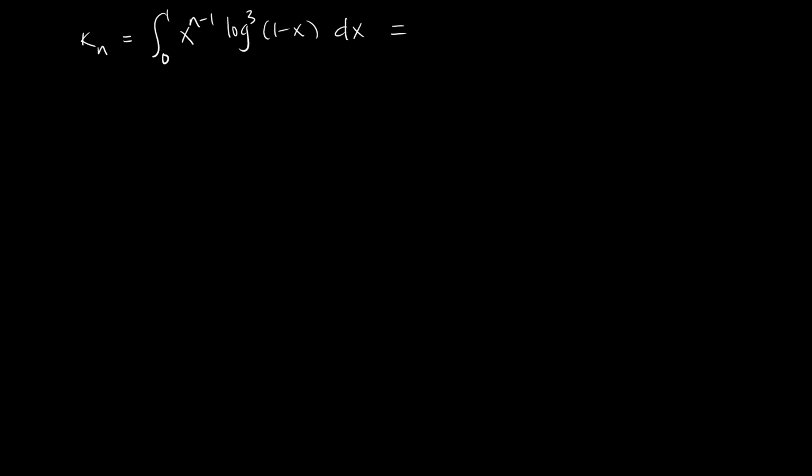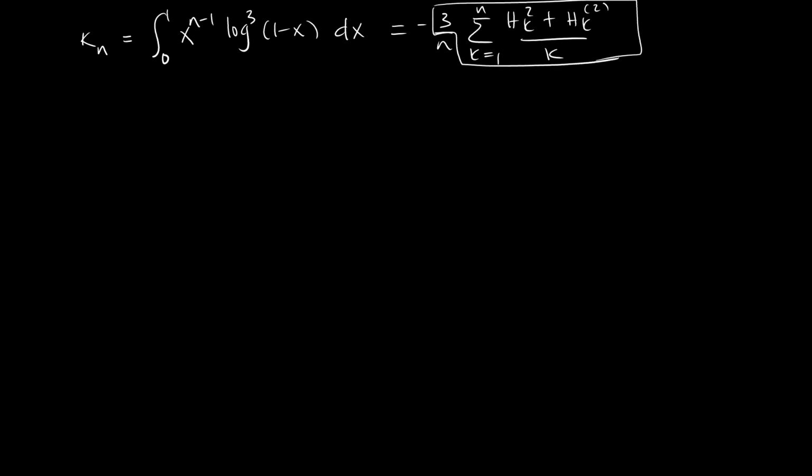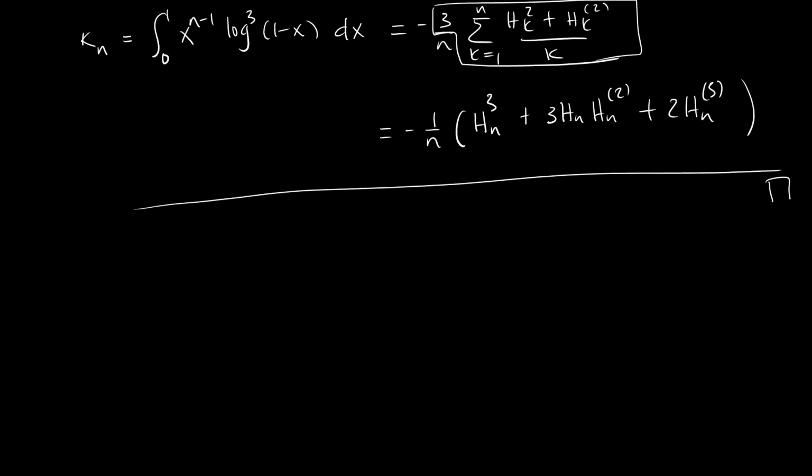Since we found it to be equal to negative 3 over n summation from k equals 1 to n of the harmonic Hk squared plus harmonic Hk up to there, and we already know what this part is, then it means that this is the same as 1 over n times Hn cubed plus 3Hn to the 2 plus twice Hn. Right. So that is what our Kn is.